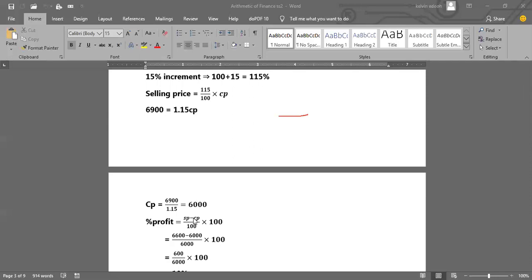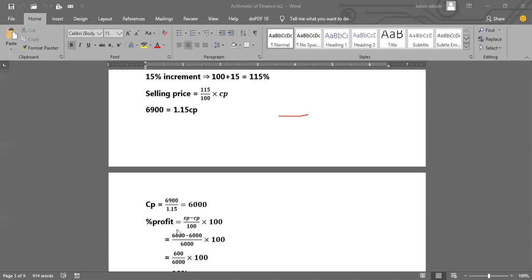Depending on the profit, you could be increasing by a certain amount to get the profit. So that means the cost price is always fixed to you. You get the point? You that are selling, you are the one that varies your selling price in order to make profit.